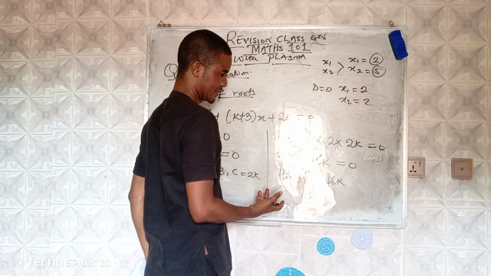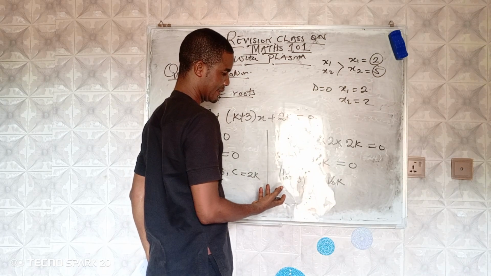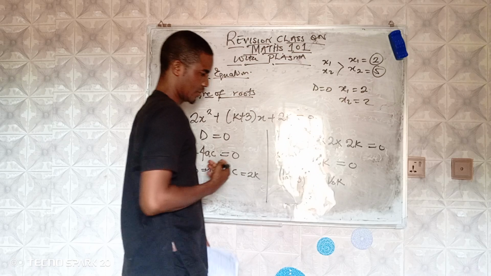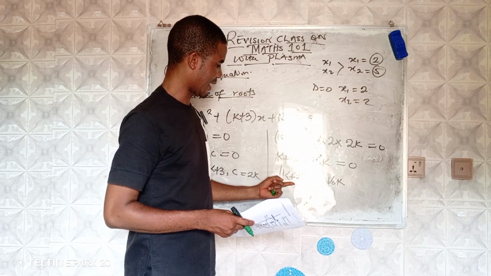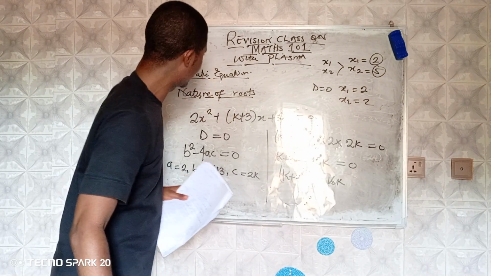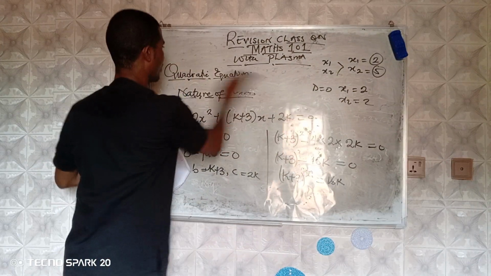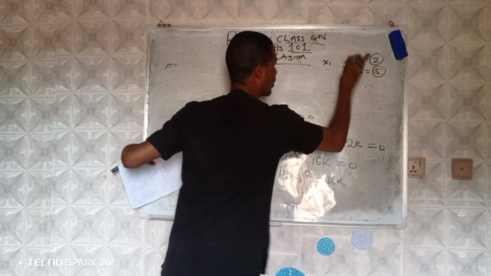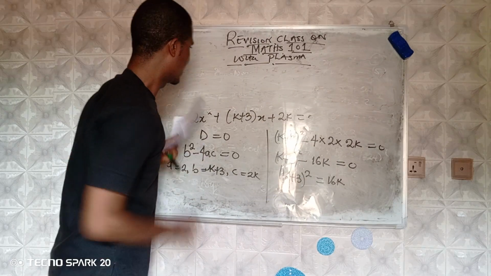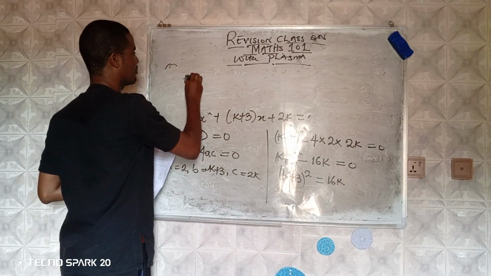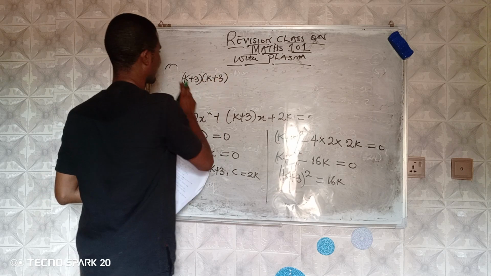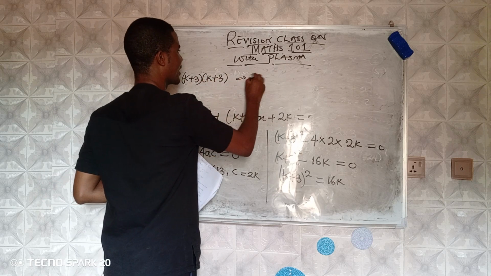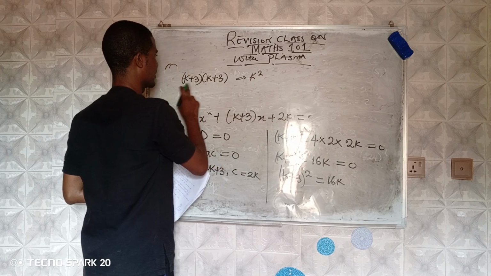Mathematically, I can expand this so that I will be able to do other things. Let's do our simple expansion. We have (k plus 3) times (k plus 3).